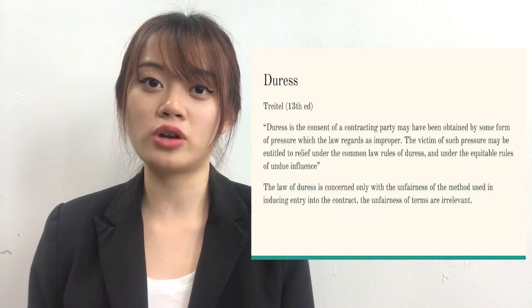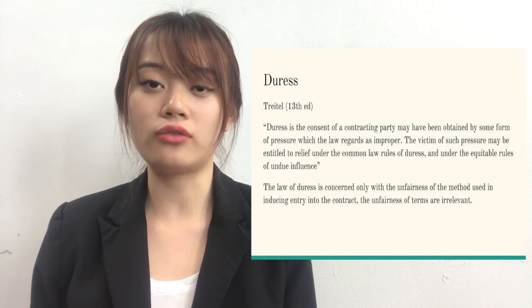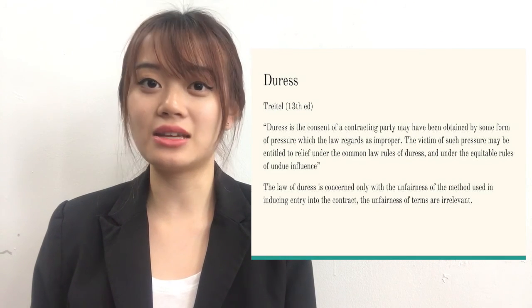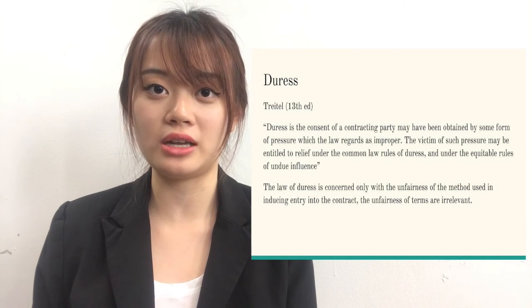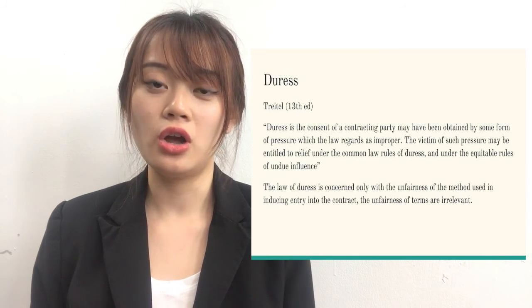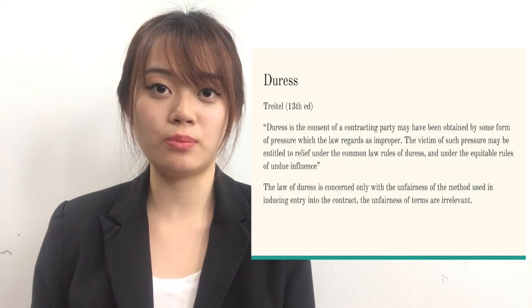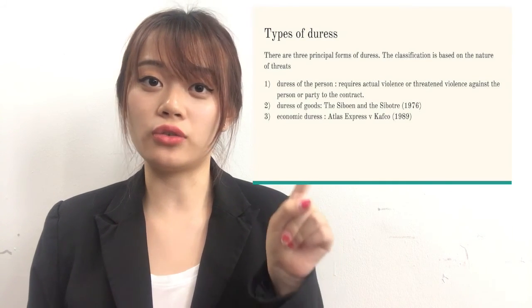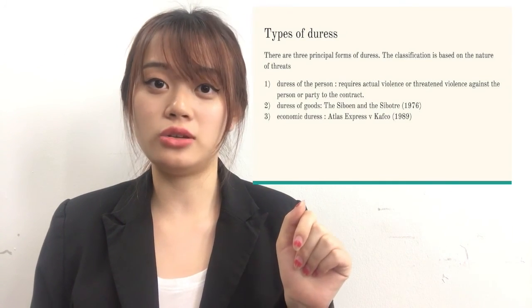In the book of Treitel on the law of contract, duress is defined as the consent of a contracting party that may have been obtained by some form of pressure which the law regards as improper. There are three principal forms of duress: duress of person, duress of goods, and economic duress.